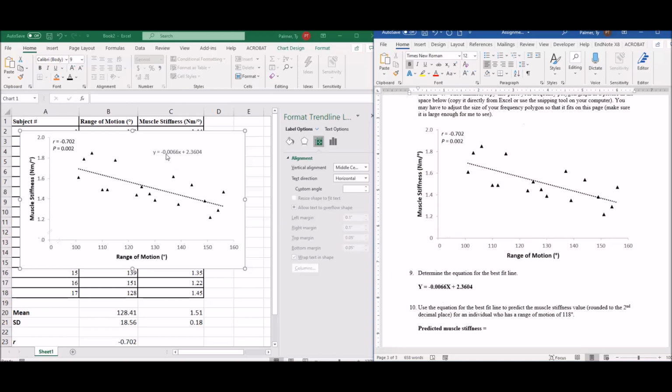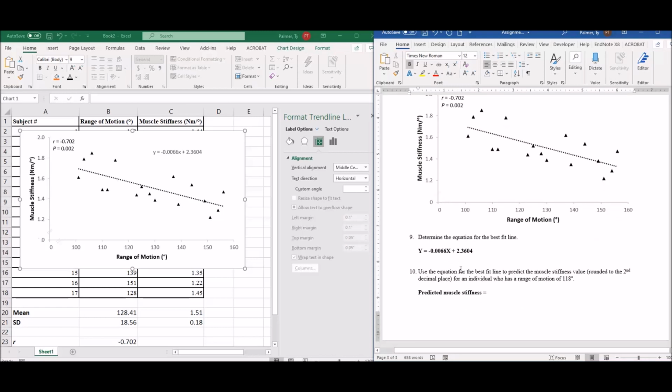When you're typing in this equation, make sure to type in all of the decimals. We want to be as specific as possible for this best fit line equation, so don't do any rounding. Type in all the values just like they're presented in the graph. And so there we go. Now we've got our equation for our best fit line.